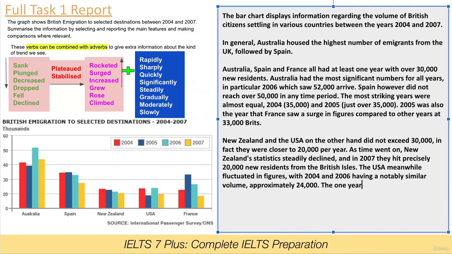The 1 year to hit below 20,000 for the USA was 2005. And we could do a nice bracket. Oh, well, actually, this is an increment of 20 here.